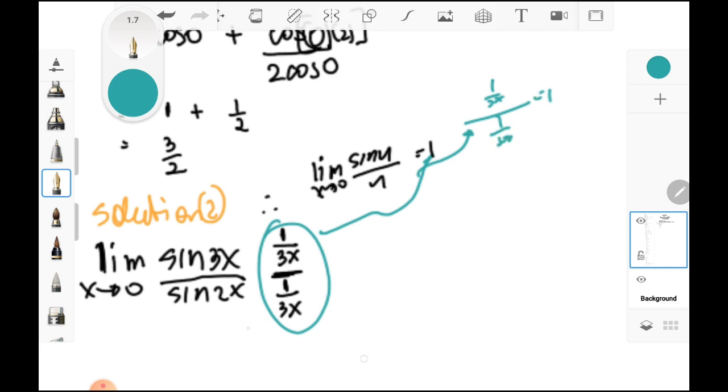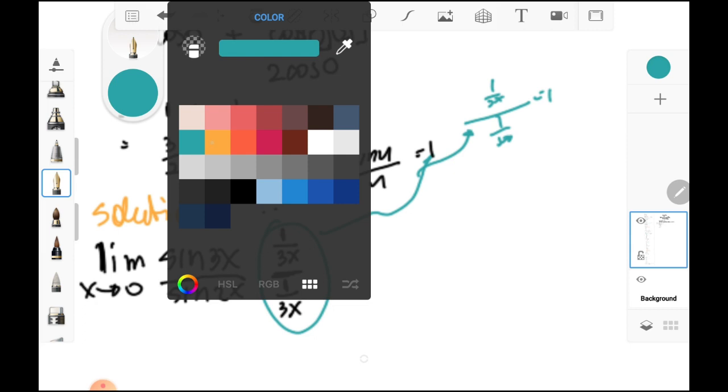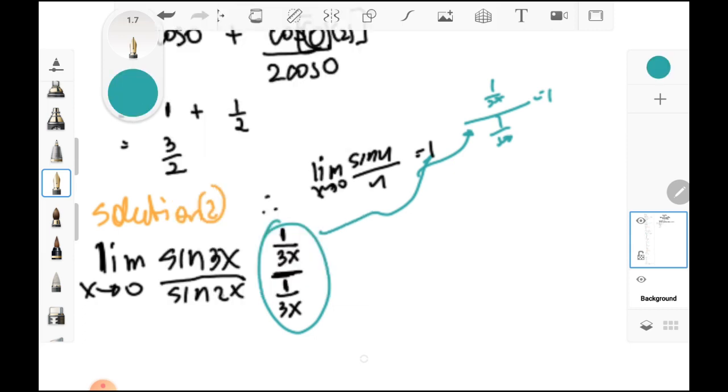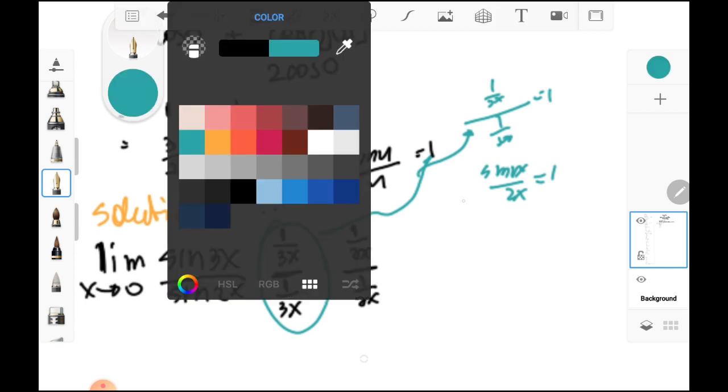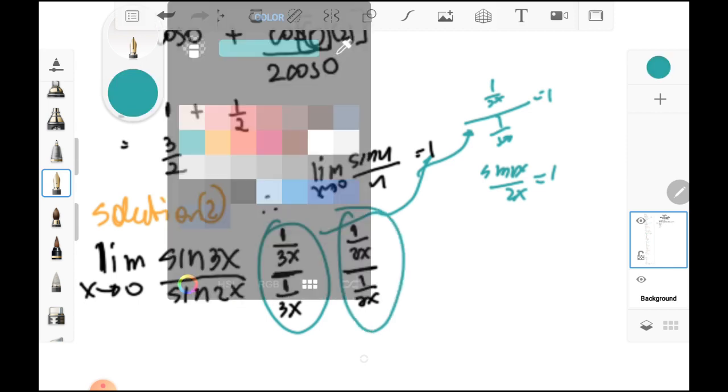So what else? We will have 2x remaining, so we must also multiply a value that would constitute sine 2x all over 2x in order to have a value equal to 1. So let's multiply by 1 again, which is 1 over 2x divided by 1 over 2x. This will be our second multiplicand.